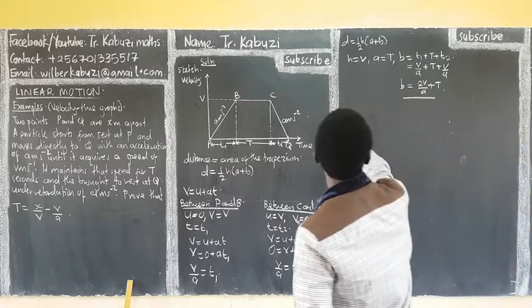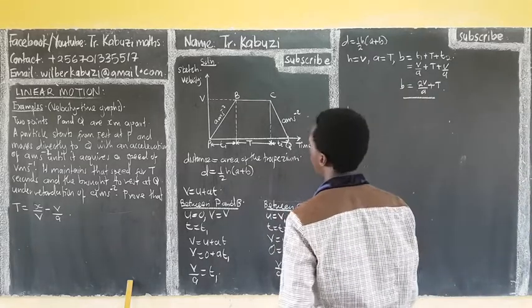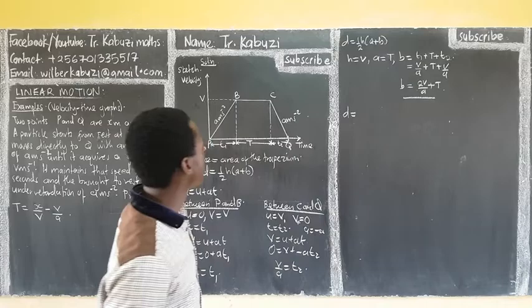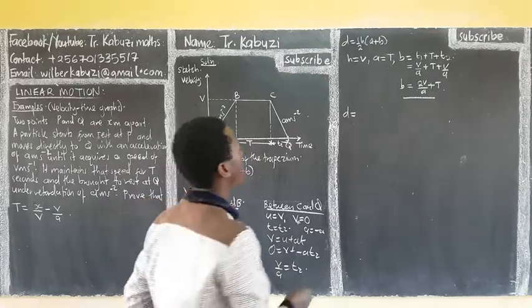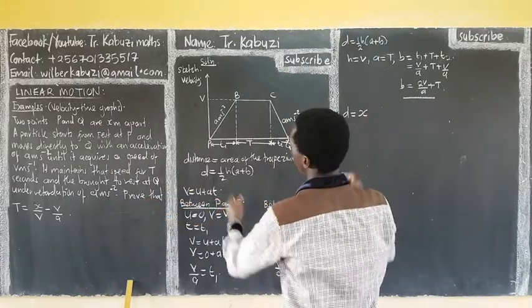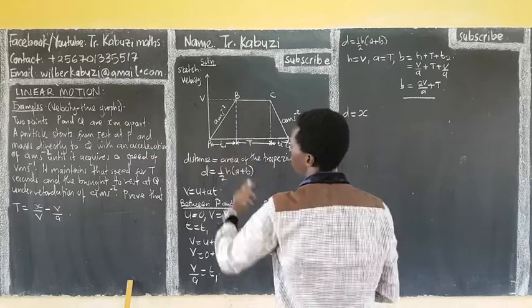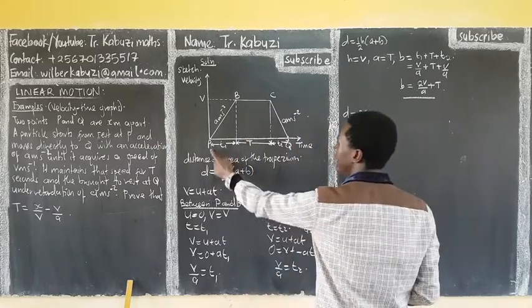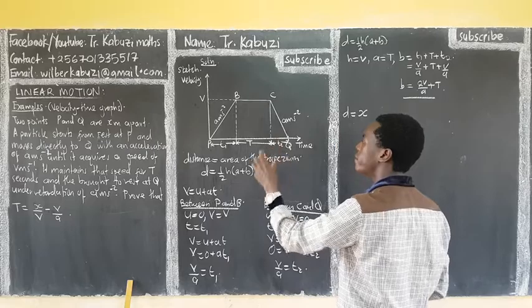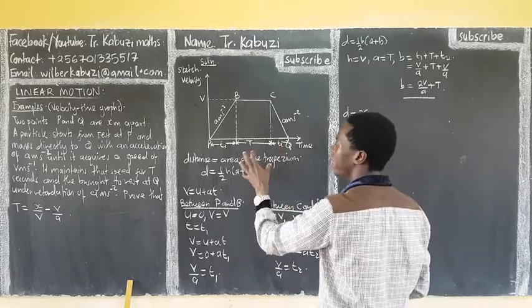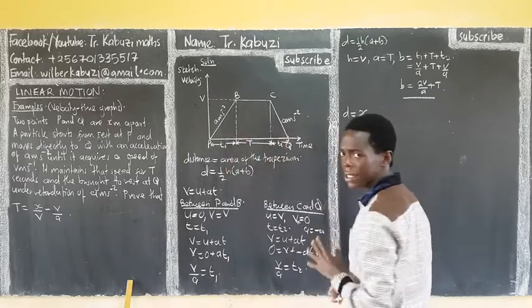Now remember, the whole of this distance is going to be x. The whole of this distance, these two were x meters apart. This is not a distance. No, this is the velocity time graph, we don't have the distance. The only way you get the distance is by getting the area.